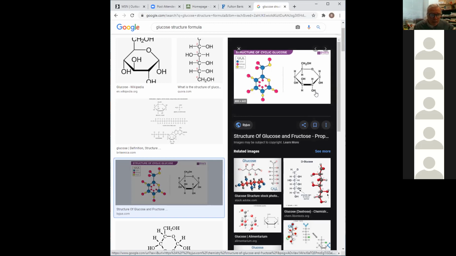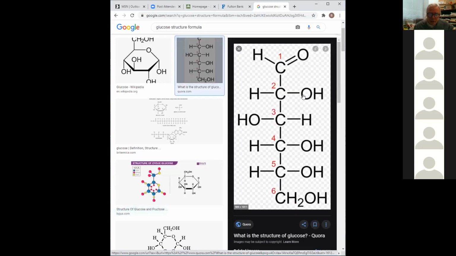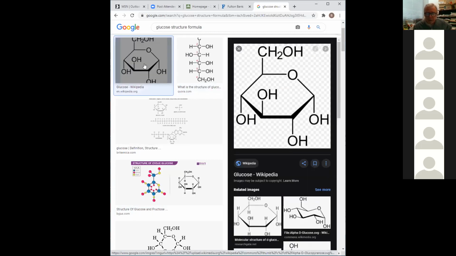Now sometimes you'll see glucose written in a linear way, but we're not going to do that. We're always going to put it in a ring formation.